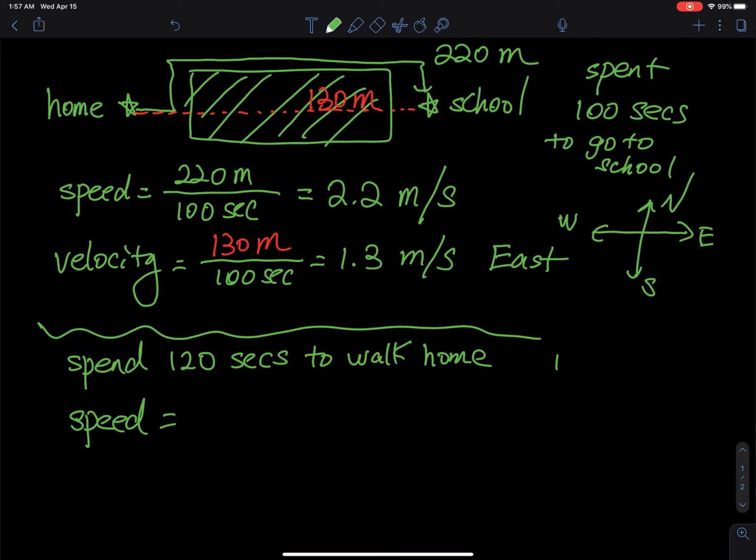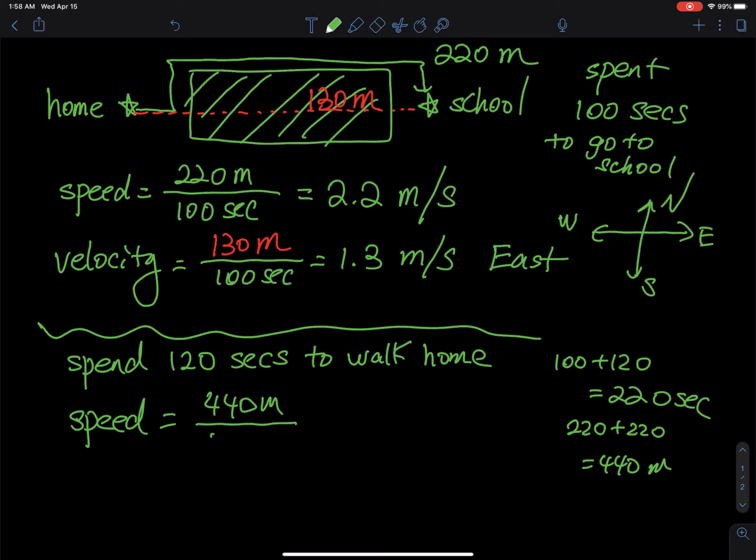I spent 100 seconds plus 120 seconds equals 220 seconds. So now my speed, what is the total? The total is not still 220. That is from home to school, and then this is from school to home. The total is 440 meters. This is seconds. So that is equal to distance divided by time, which is 440 meters divided by 220 seconds. So that is equal to 2.0 meters per second.